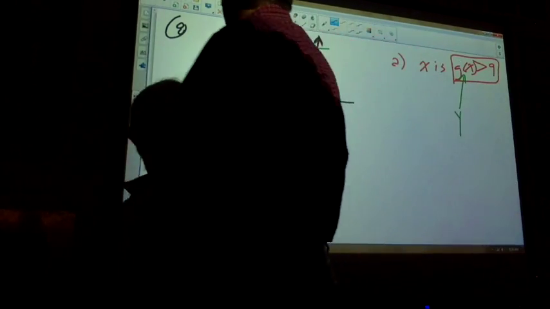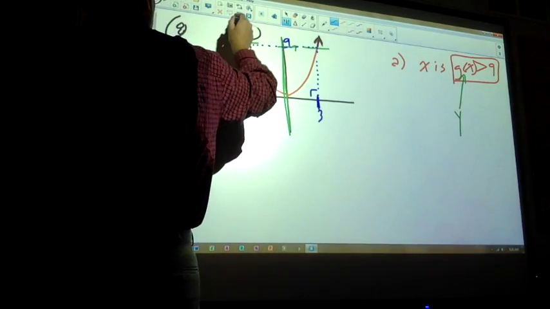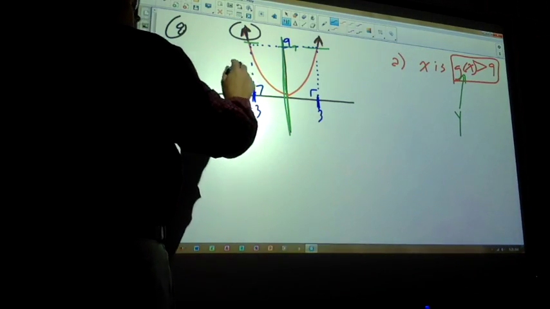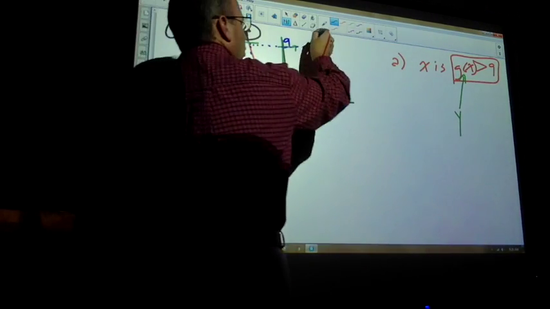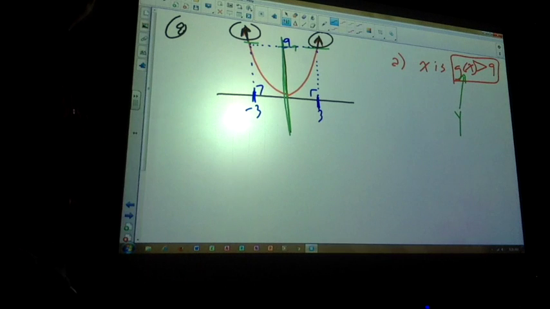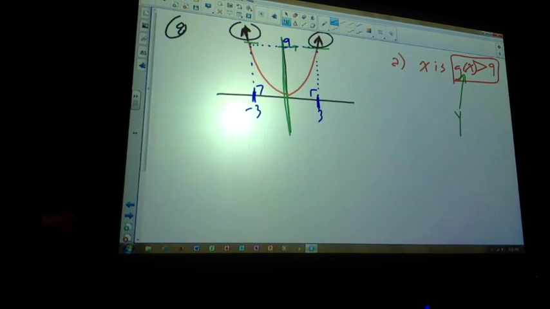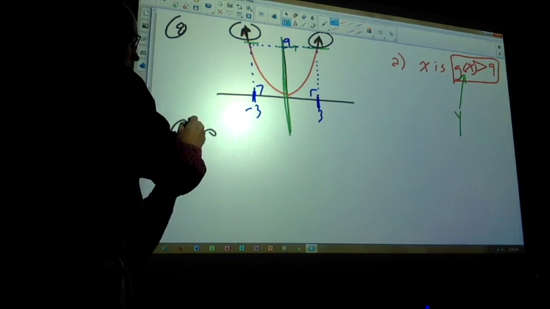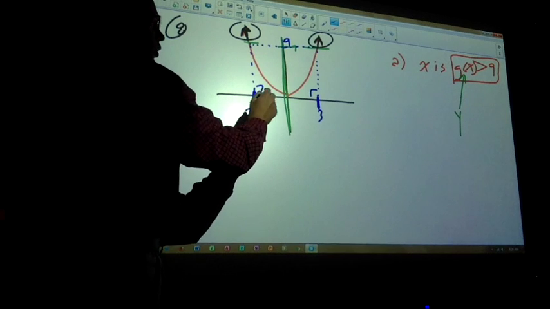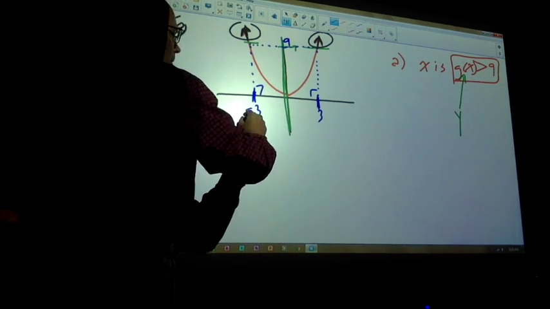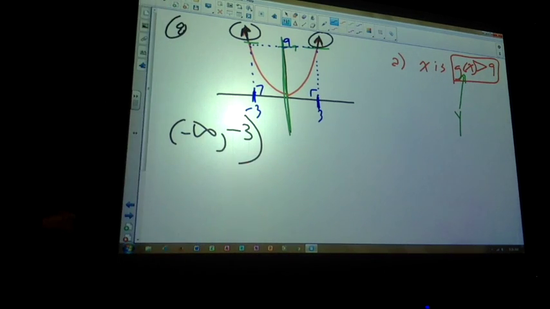So this whole region here is larger than 9, and this whole region here is also going to be larger than 9. So how far will this way go? Infinity. Negative infinity. So I'm coming from negative infinity, and I'm getting up to the value of negative 3, but I'm making it a rounded bracket. Why am I making it a rounded bracket?